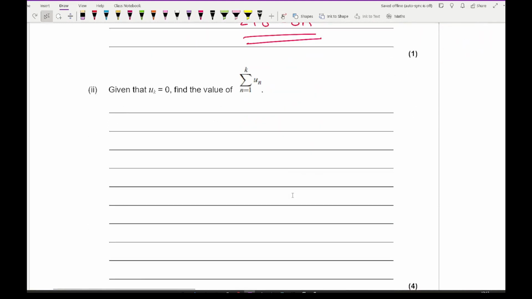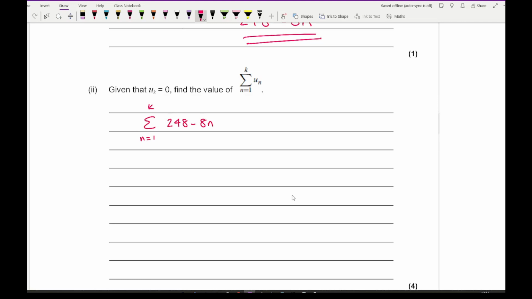Then for question (b)(ii), it says given that u_k equals 0, find the value of the sum of u_n with the limits of 1 to k. Now for this, replacing u_n, we get the sum from n equals 1 to k of 248 minus 8n.